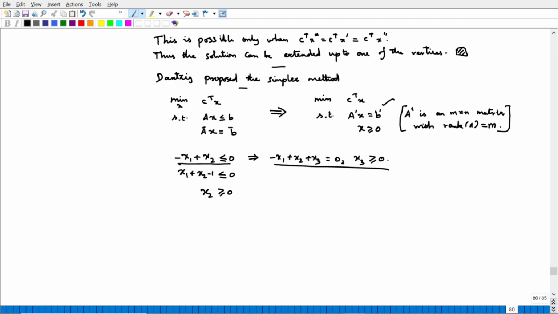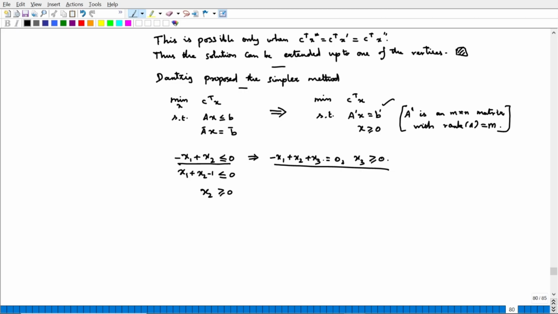Why is that? Suppose you have an x1, x2 such that the expression is less than or equal to 0. What it means is that you can add a positive number and make it 0. It is as simple as that. So we are adding a variable x3 which is non negative.